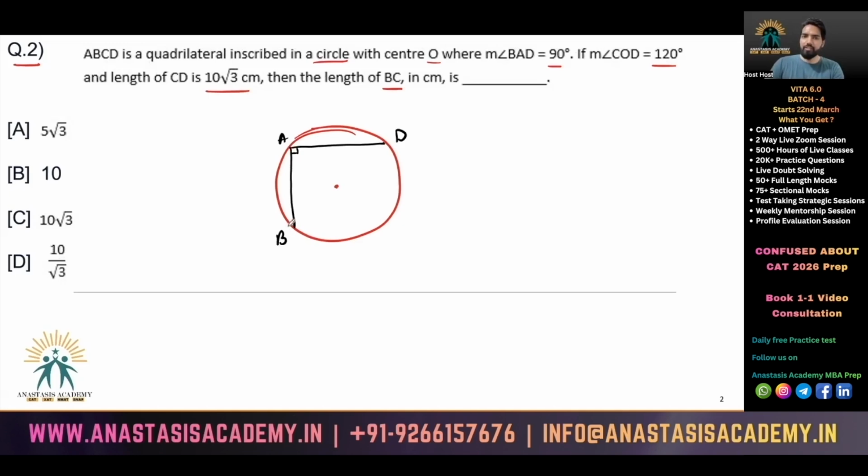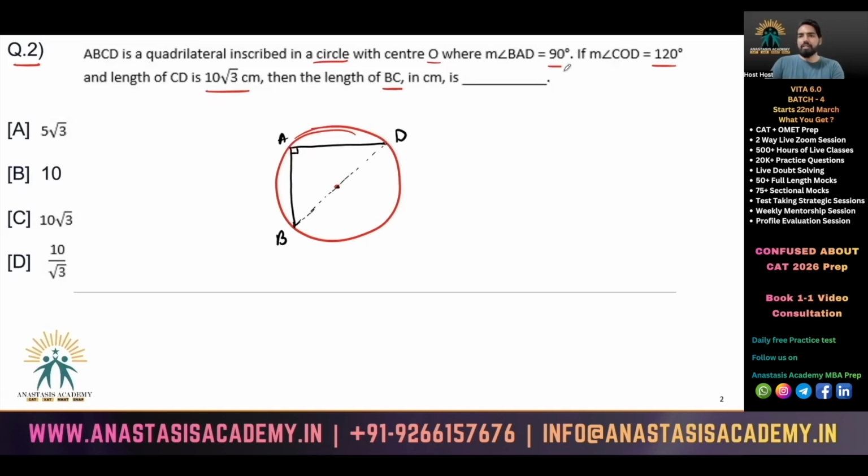So we can fairly assume that this diagonal BD would be the diameter of this circle, because the angle in a semicircle is always 90 degrees. If we join these two points, this line will pass through the center of the circle. So this is the BD diagonal.